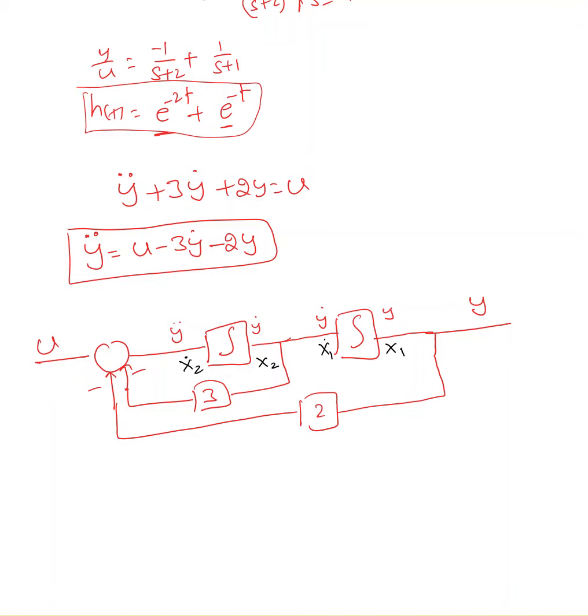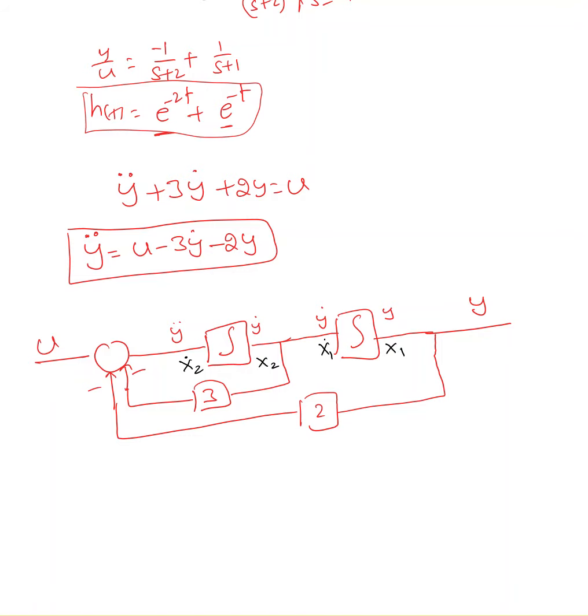Basically we are converting a second order system into two individual first order systems, because it's easy to solve first order systems. It's easier to solve 10 first order systems to find 10 variables than a 10th order system. That's what we are doing here.